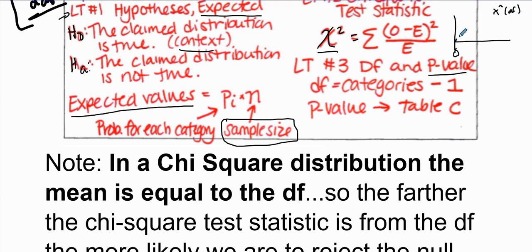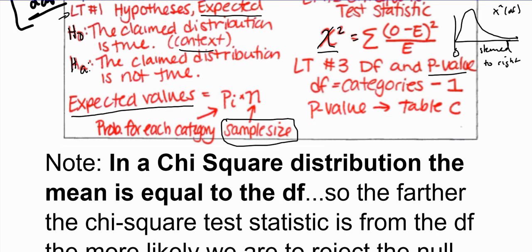If the claim is true, most of the values will be close to 0, but then it levels off, and we have some values that will be skewed to the right. So that's what the distribution of a chi-squared is.